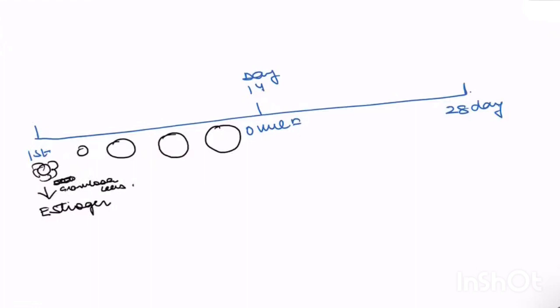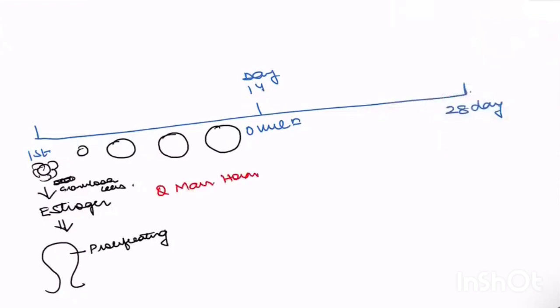And estrogen क्या कर रहा था? Estrogen was acting on the uterus and endometrium of the uterus, and it was proliferating it. So if I ask you, which is the main hormone in first half of cycle, your answer will be estrogen.